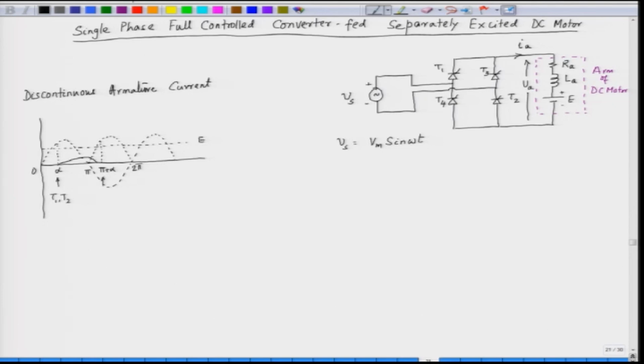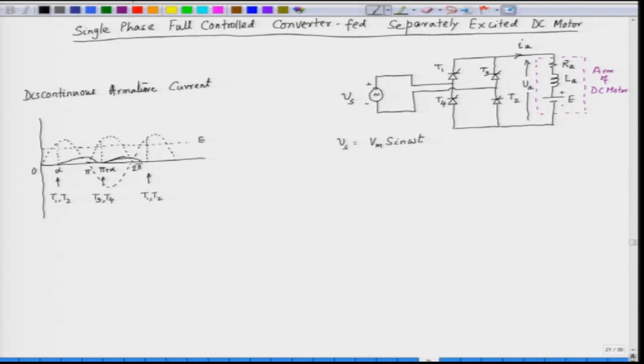The next pair of SCRs which are triggered in the negative half cycle are T3 and T4. The current will again start from 0 and will die down to 0 before the triggering of the next pair of SCRs, which is again T1 and T2, because the operation is periodic.